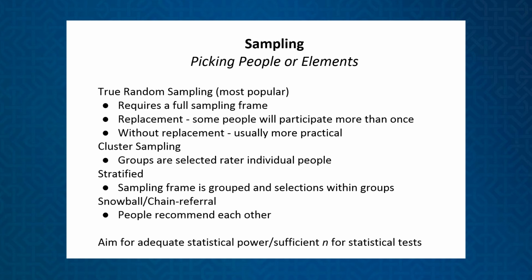And these tend to be very common because they're easier, and they tend to be able to get a bigger sample size when you don't have that full list of everybody who could be sampled, and especially if it's a small but somewhat cohesive group, so that if people know each other, then they can say, hey, I know someone else who's got this very specific demographic, intersectionality, if you will.